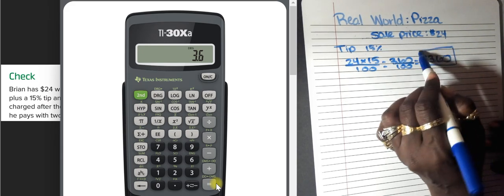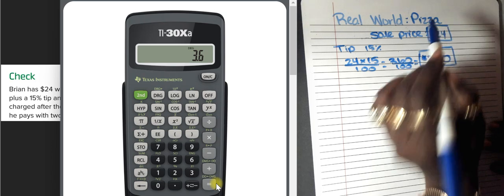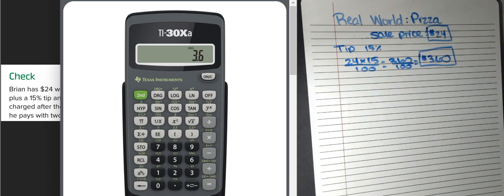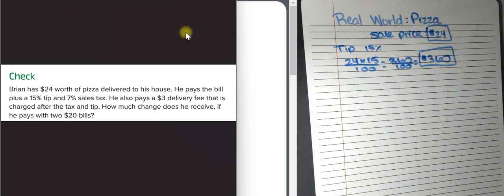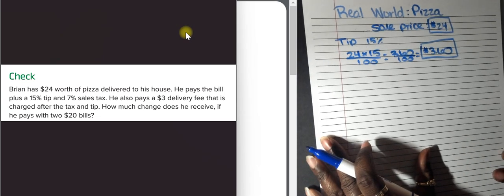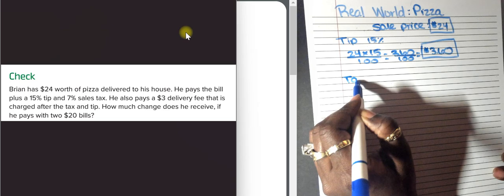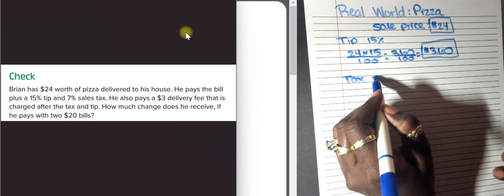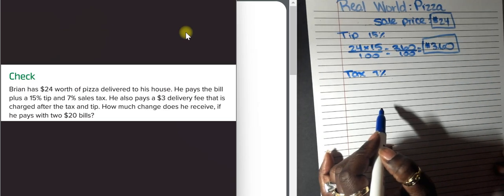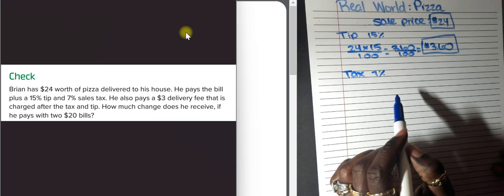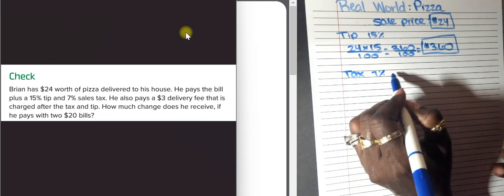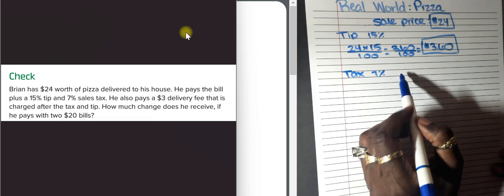So we have that. We also have our sale price. Now, what else do we need? We also need the tax, and the tax is going to be 7%. So for that one, I'm going to use the decimal formula to find our tax. To use the decimal form of the formula, we need to first convert our percent into a decimal.